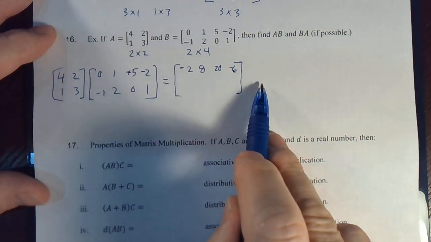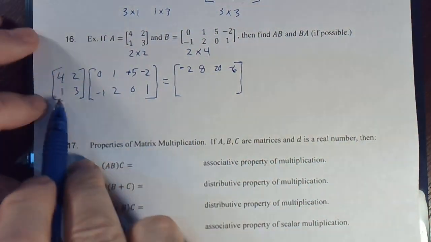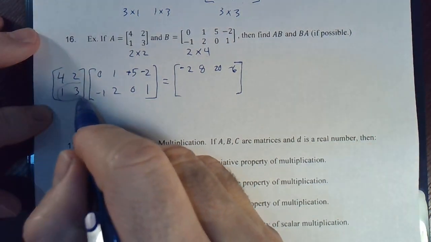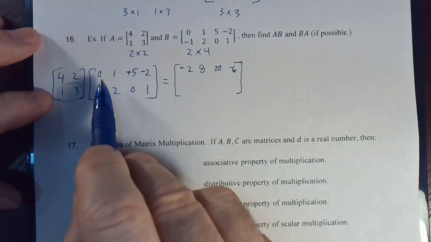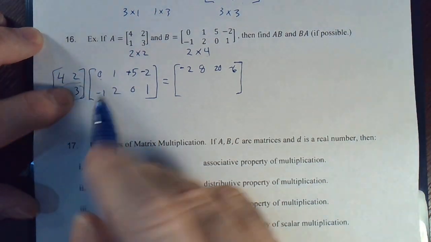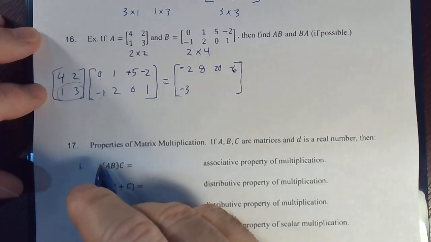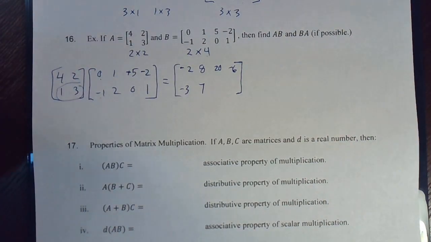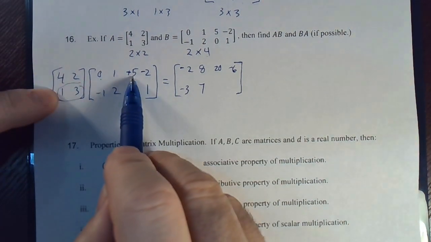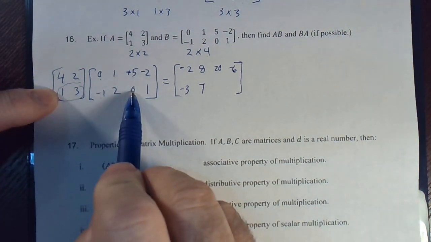And now we're going to row 2. So we're going to do row 2 times column 1, column 2, column 3, and column 4. 0, -3. So -3. 1 and 6 makes 7. 1 times 5 is 5. 3 times 0 is 0.